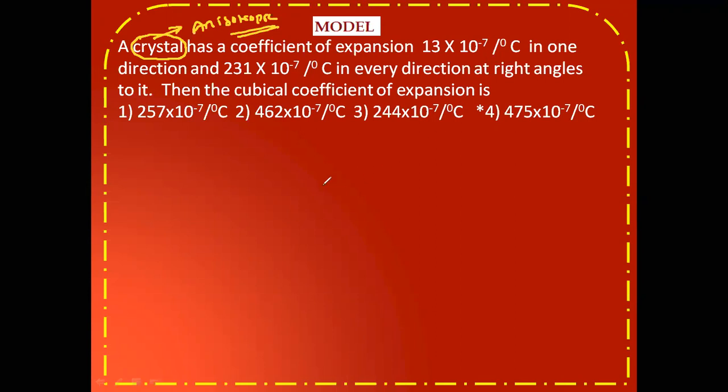What they gave is 13 into 10 power minus 7 per degree Celsius in one direction, so I can take it as alpha x equal to 13 into 10 power minus 7.